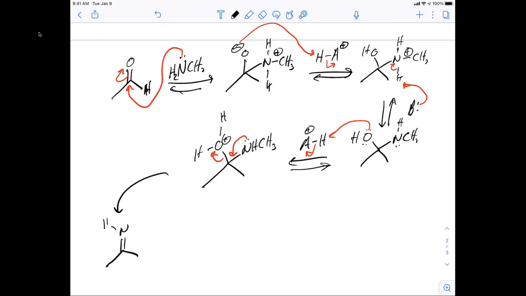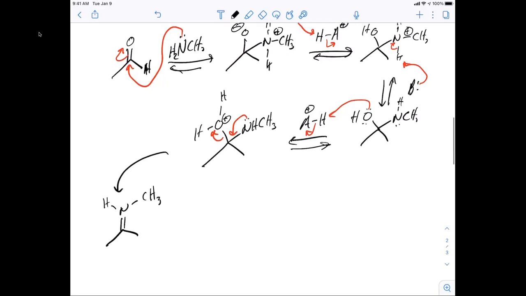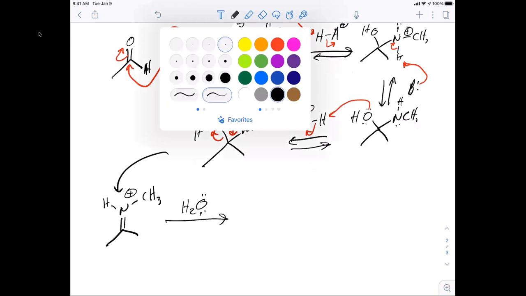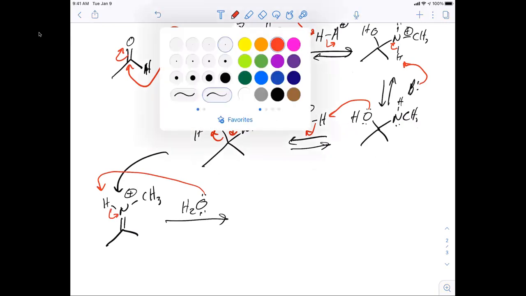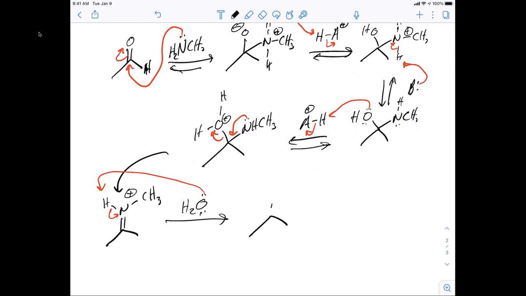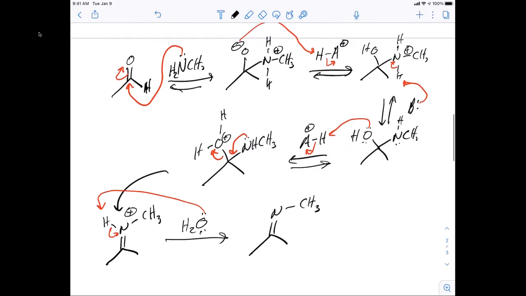Now we've lost that group. And now we just need another proton transfer because we got the nitrogen positive. Electrons go back to that nitrogen to get to the imine, okay?